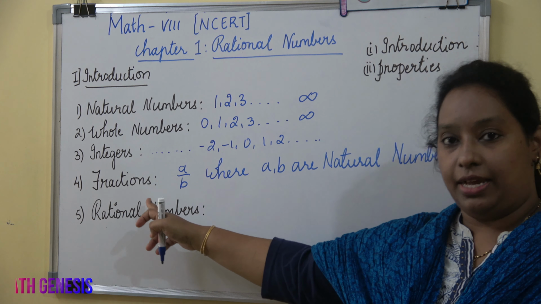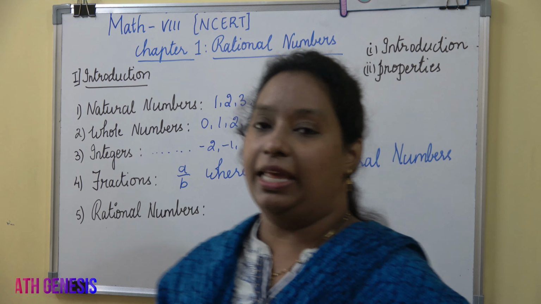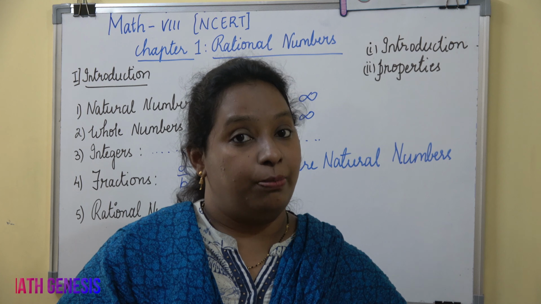So fractions are in the form a by b, where the a value and b value are natural numbers. What are natural numbers? Numbers starting from 1.